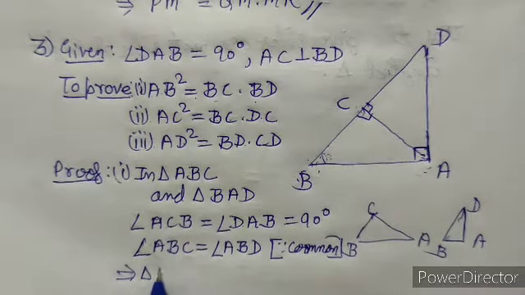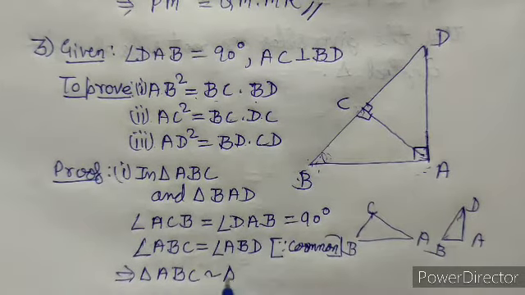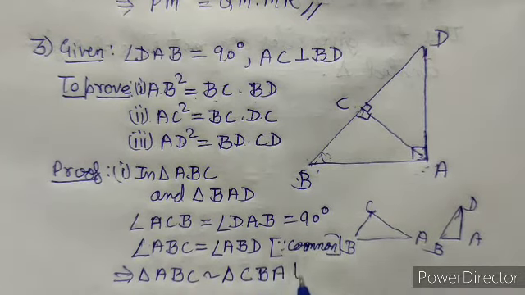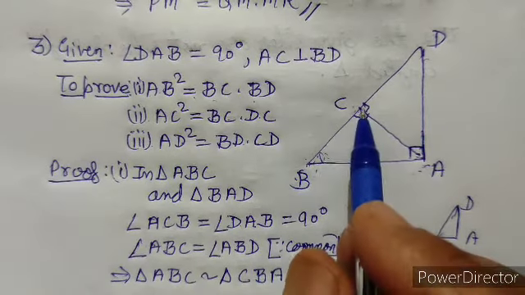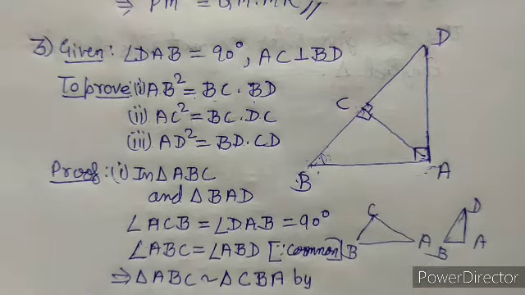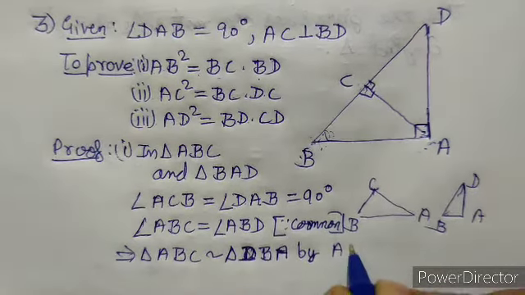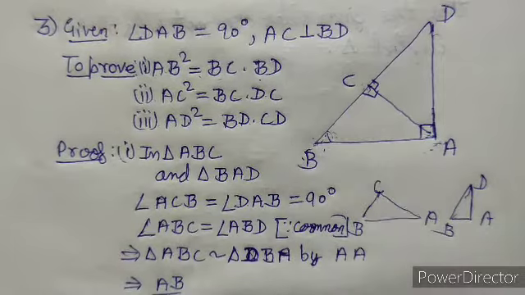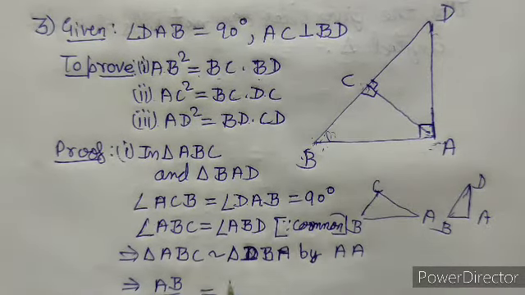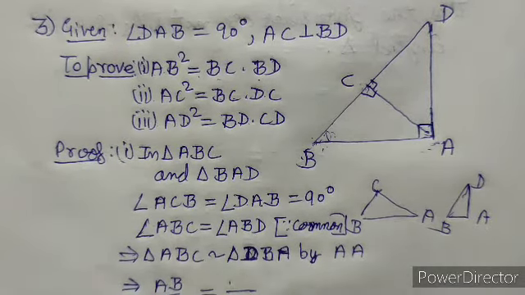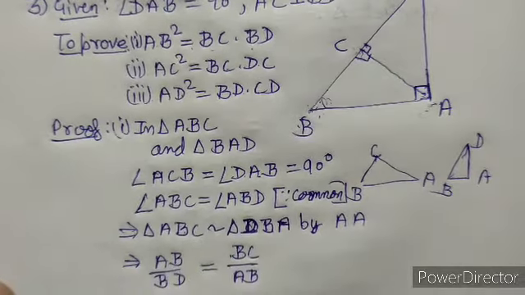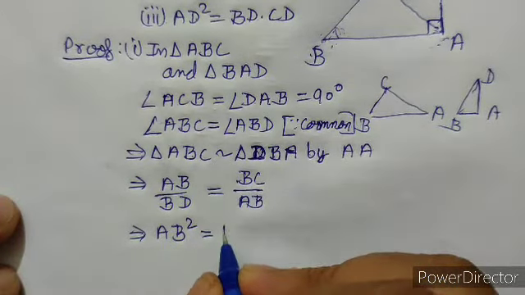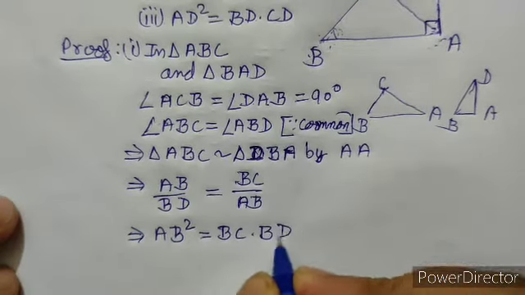That means triangle ABC is similar to triangle DBA by angle criteria of similarity, and that means AB upon DB, or BD, is equal to BC upon AB, and this will give us AB square equal to BC into BD.